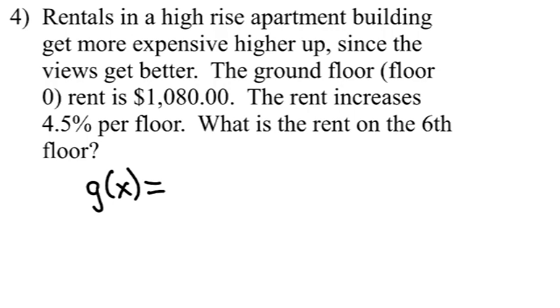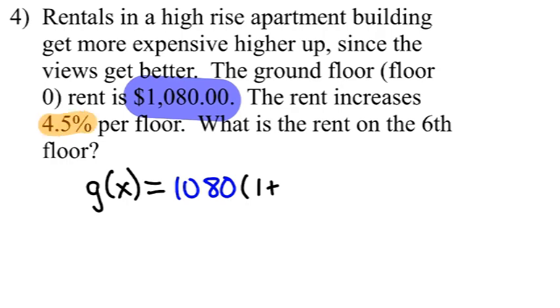The starting value of 1080 is right here, and then we're multiplying that by 1 plus the percent increase. The percent increase is that 4.5%, so it's going to be 0.045.